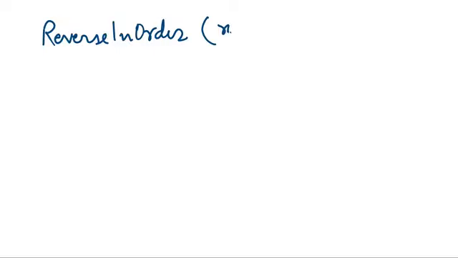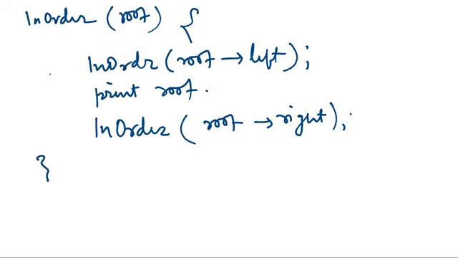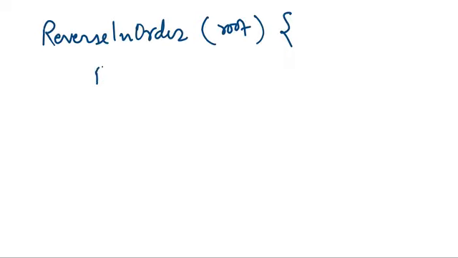So on the same lines, we can write the reverse in order algorithm, and here again we provide the root node. So what we will do, we will change the order. First we will traverse the right subtree, then the current node, and then the left subtree.